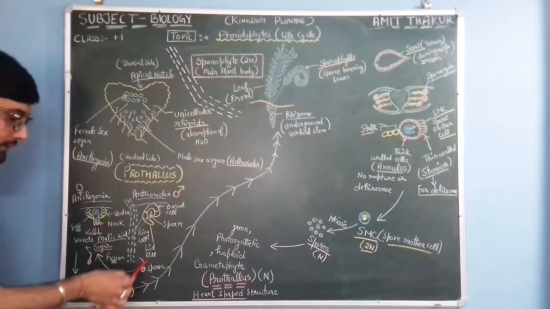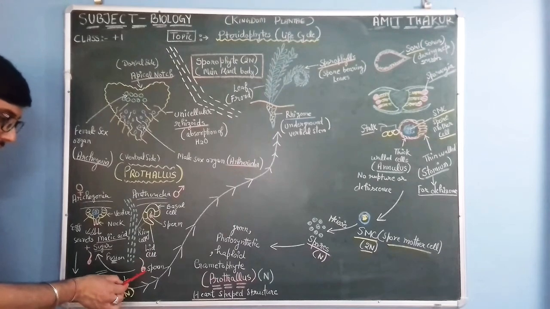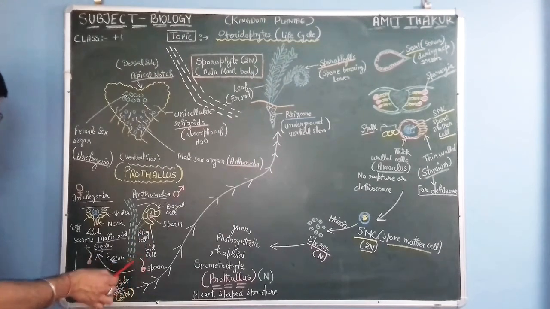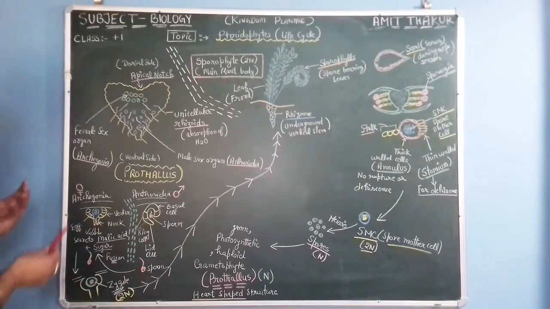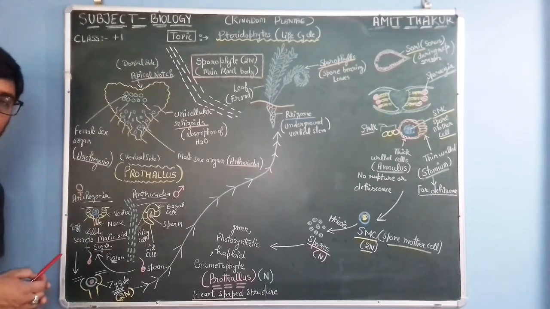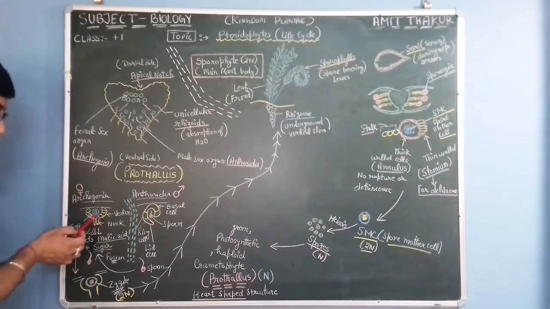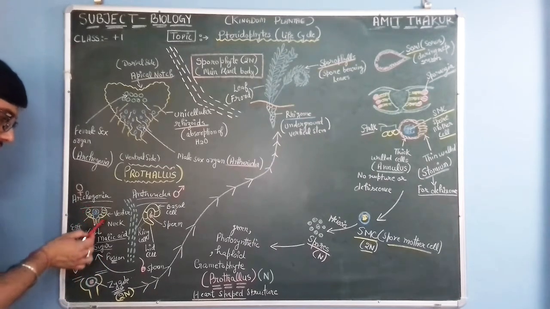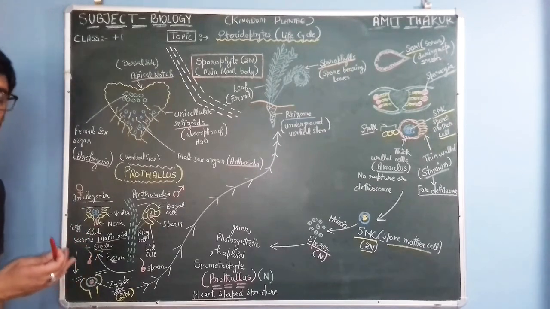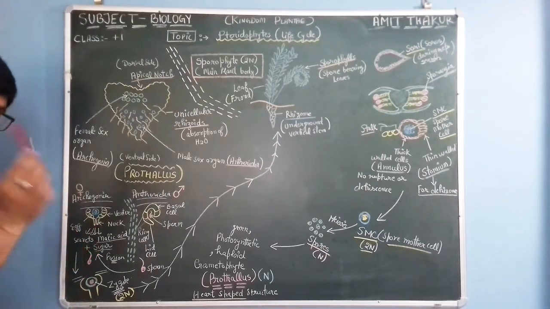And when this sperm is released, it moves towards the female sex organ, or archegonium. When it reaches the female sex organ, this archegonial structure releases malic acid, very important.